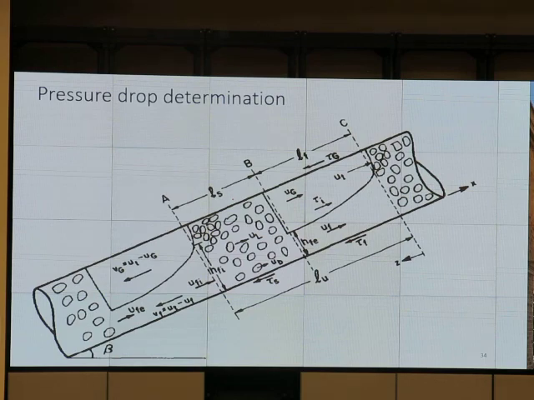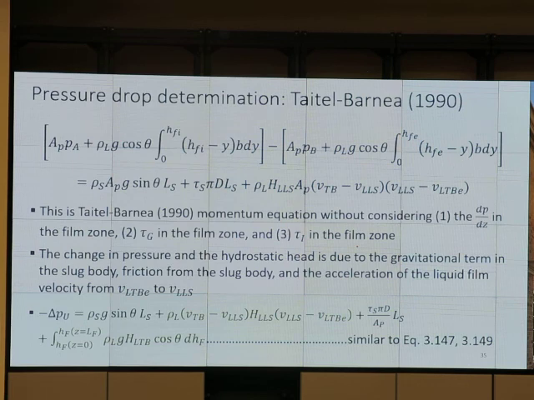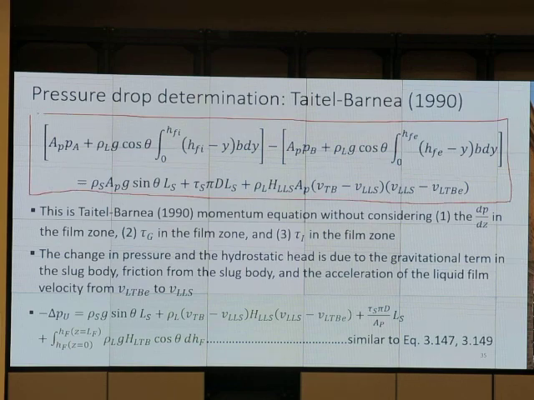So this comes from the Taitel-Barnea paper. In the actual paper we have location A, location B, location C. Okay. The nomenclature is about the same as what we use in the lecture and in the book. Not quite exact, but okay. From here, the pressure drop equation, they use this one for their force balance. Okay.